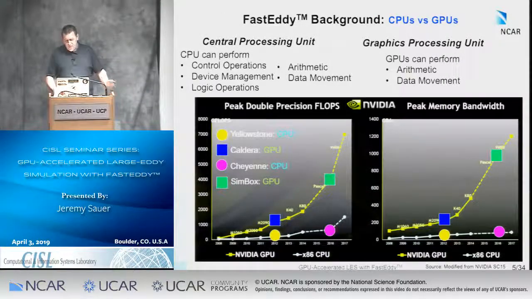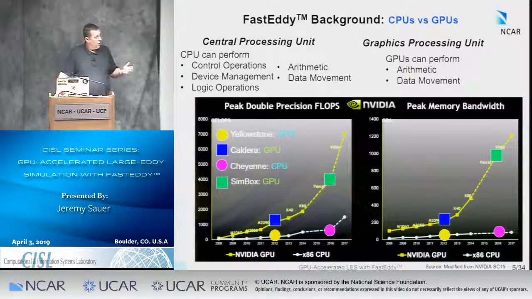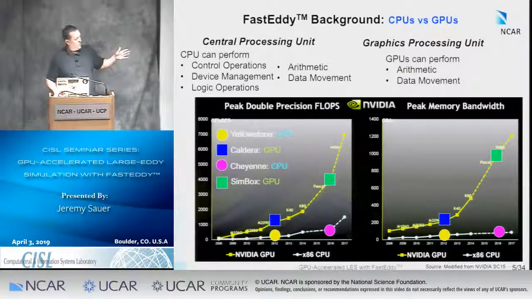A little more background on why did we decide to do a GPU accelerated model. Well, the trend has been for quite a number of years, almost more than a decade now, GPU computational power in terms of flops and peak memory bandwidth have been outpacing CPUs for quite a while. So this is a slide I've adapted from one that was in a keynote at Supercomputing 2015, I believe.